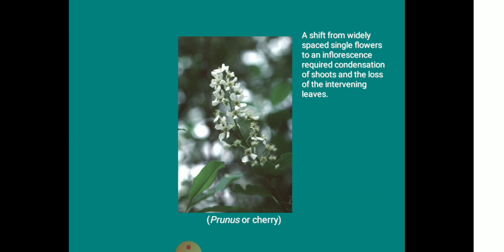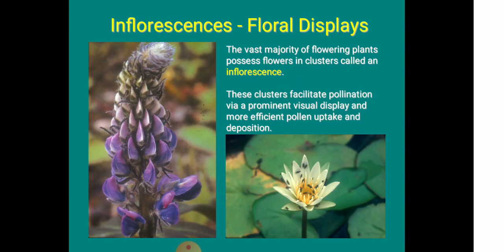So in today's class we discussed the flower and the floral organs. A flower consists mainly of four whorls: two essential and two non-essential. The non-essential whorls are the calyx and the corolla. The outermost whorl, the calyx, is usually green in color, and the corolla is petaloid and colored in nature. The essential whorls are the androecium and the gynoecium.